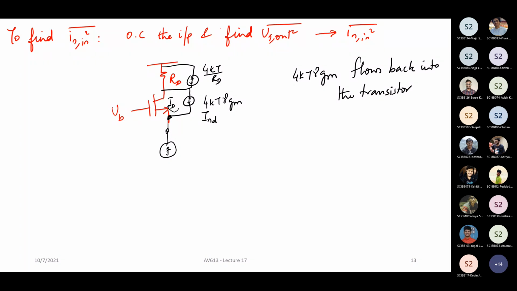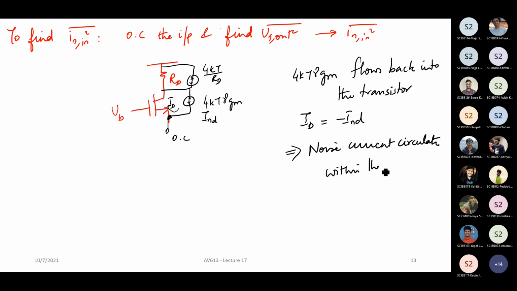We have open circuited this particular input. So ID will be equal to minus IND, that is the noise current. So this is what is called the noise current circulating within the transistor.